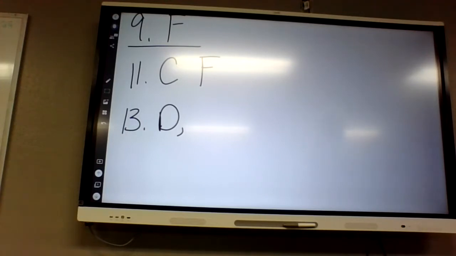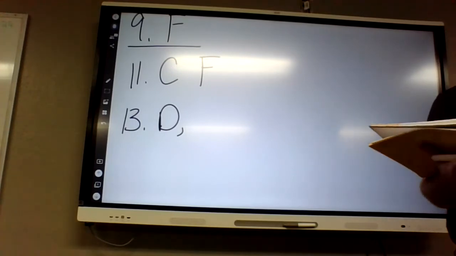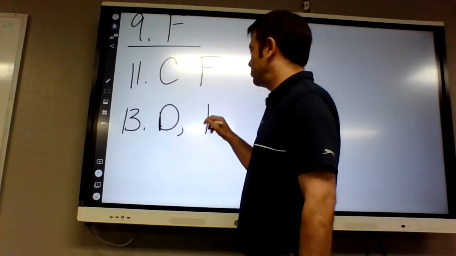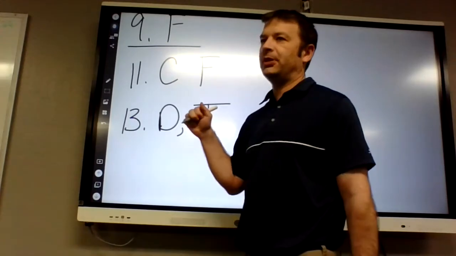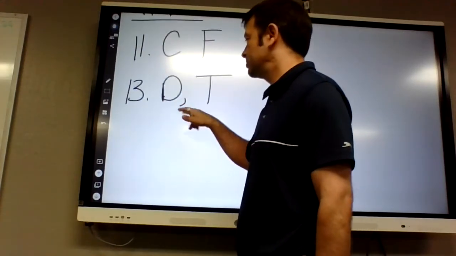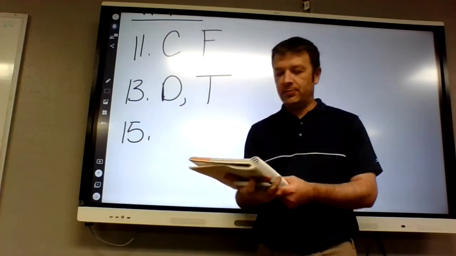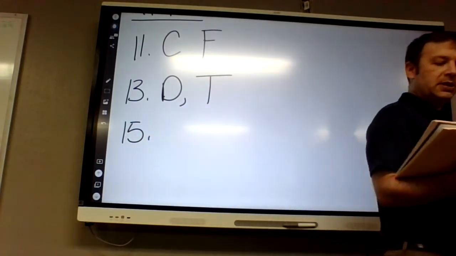True. Why is it true? If it's an or statement, only one of them has to be true, right? You don't have to have both of them true. So because it's an or and one of them is true, it is true.